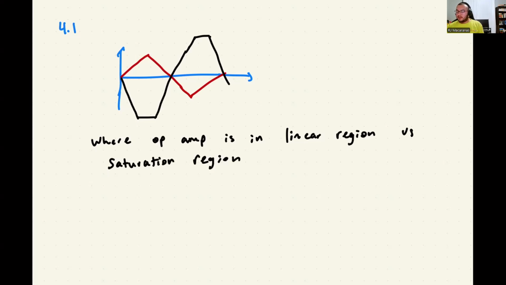This is the time in milliseconds, and this is the voltage axis here. Here I've got in black the output voltage, and in red is our input voltage.